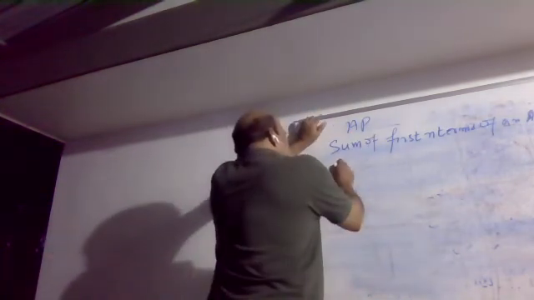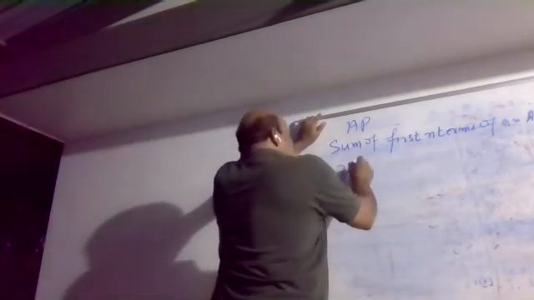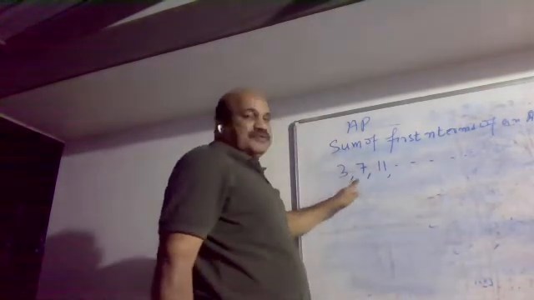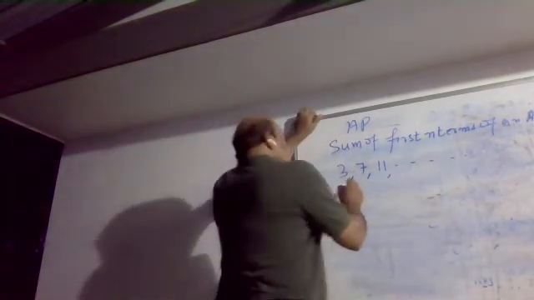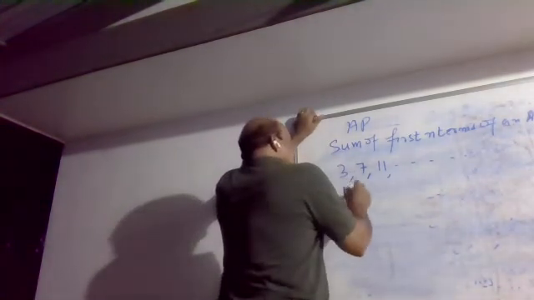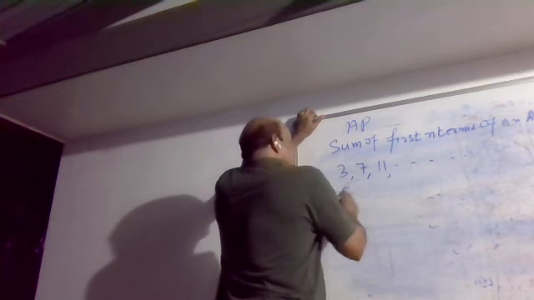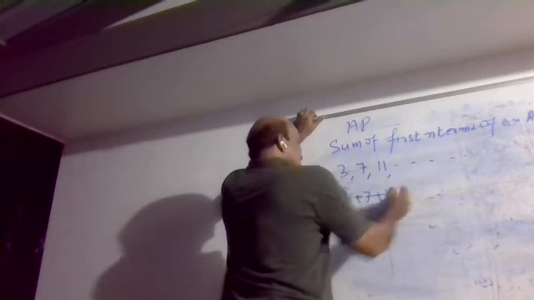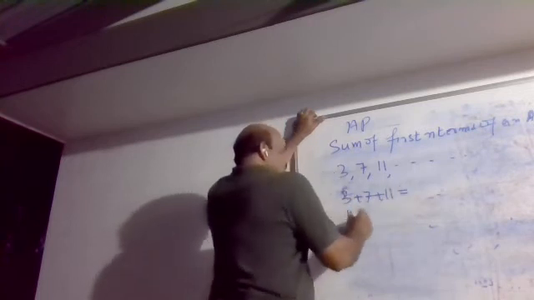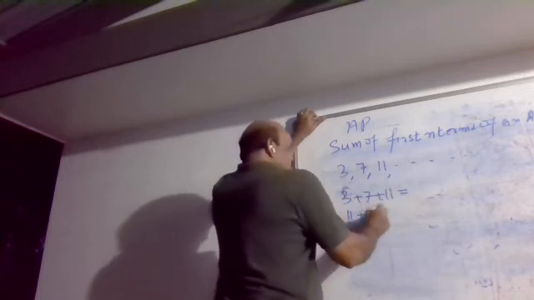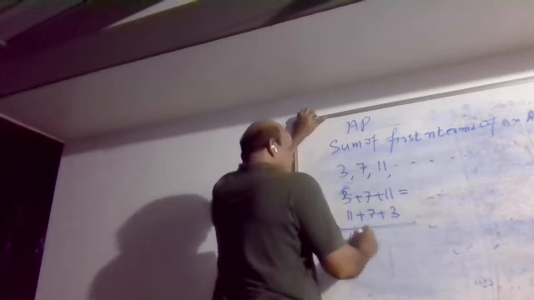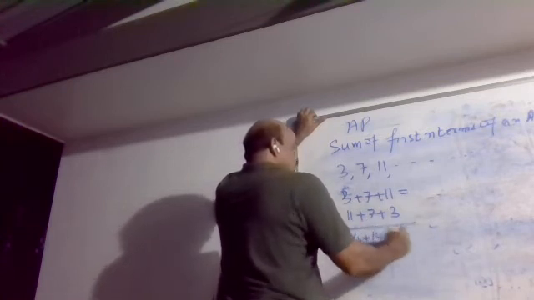Look at here: 3, 7, 11. These are in AP. The common difference is 4. Write this one in a different way: 3 plus 7 plus 11, the three terms, and then the other way, 11 plus 7 plus 3. You can see that 3 plus 11 is 14, 7 plus 7 is 14, 11 plus 3 is 14.